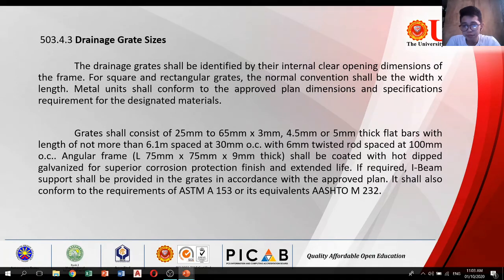Angular frame shall be coated with hot dip galvanizing for superior corrosion protection, finish, and extended life. If required, I-beam support shall be provided in the grades in accordance with the approved plan, and it shall also conform to the requirements of ASTM A153 or its equivalent M232.